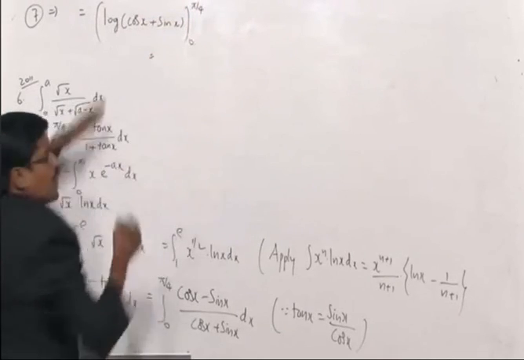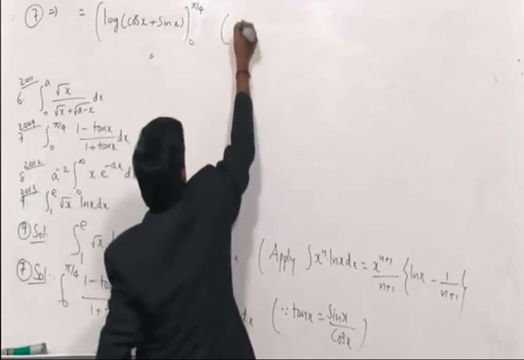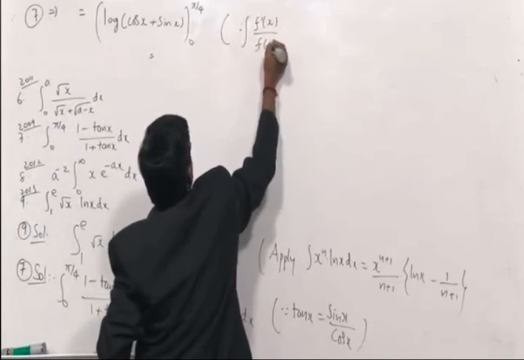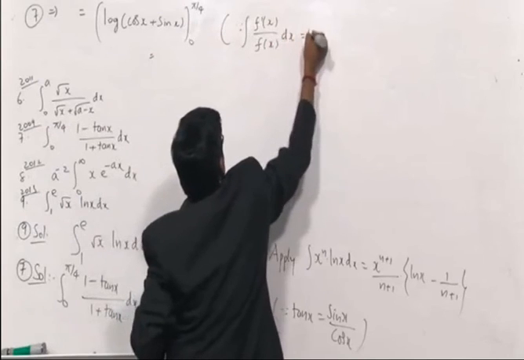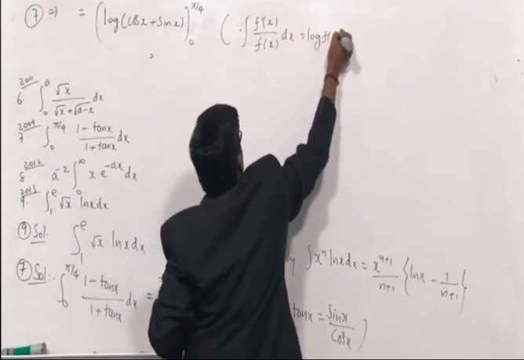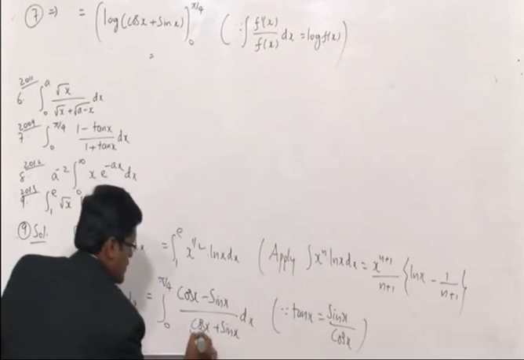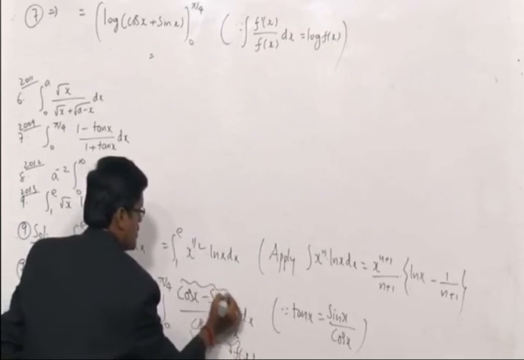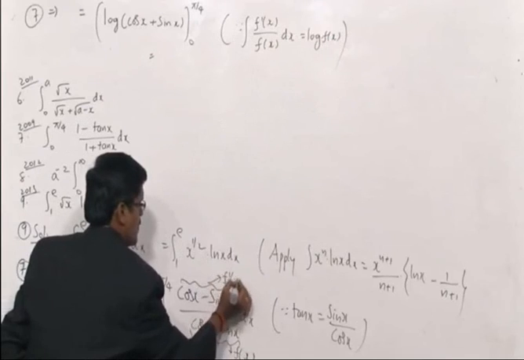Later you simplify with the upper limit and lower limit. Here I used integral of f dash x by f x dx equals log of f x, where the denominator is denoted by say f x and the numerator is its derivative, denoted by f dash x.